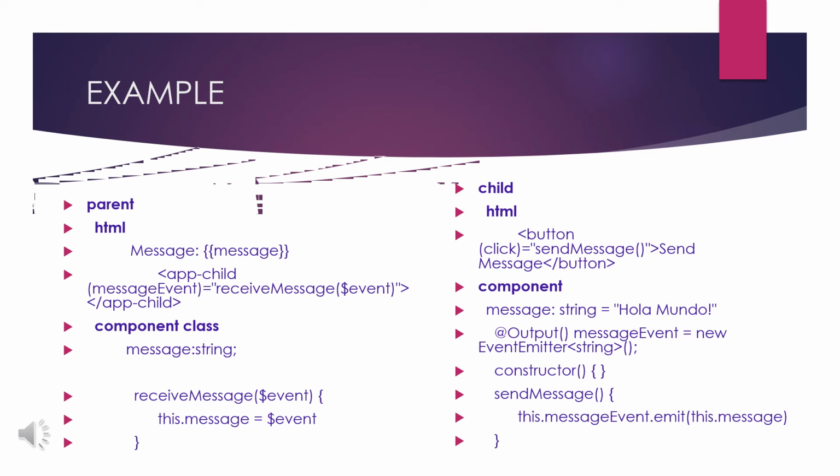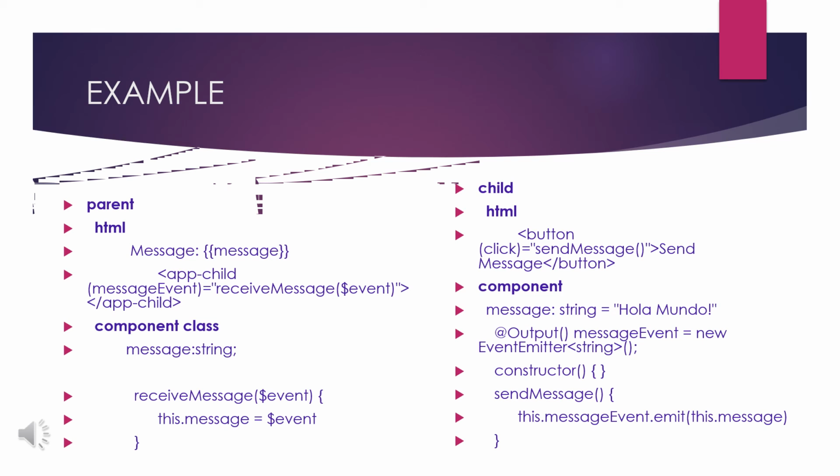I have created an object messageEvent, which can be created with the help of a new EventEmitter. Through the messageEvent, I am emitting this message with the help of the emit method, and this sendMessage is called from the HTML file with the help of event binding: button click and a sendMessage method.